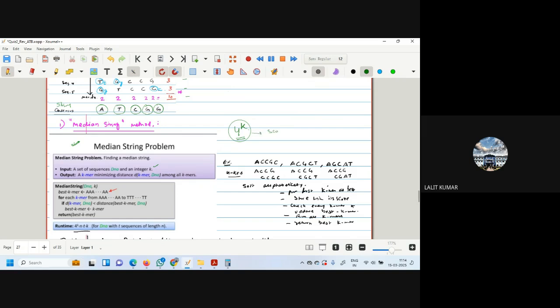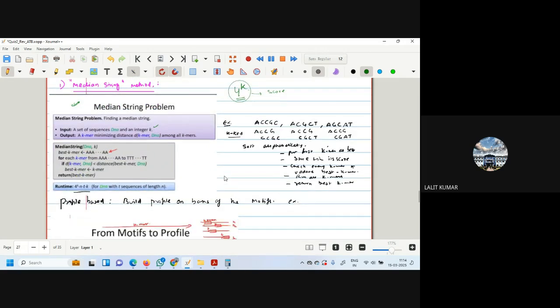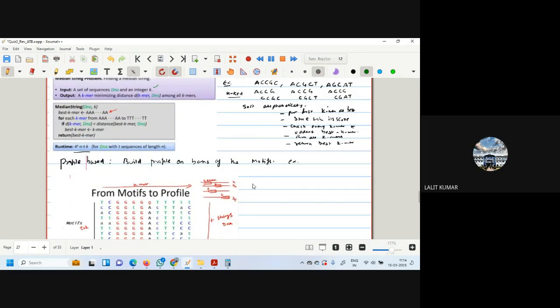Then one by one we check all the k-mers, and any k-mer whose score is lower, we select as the best k-mer. So the complexity has now reduced. Is this understood by everyone?